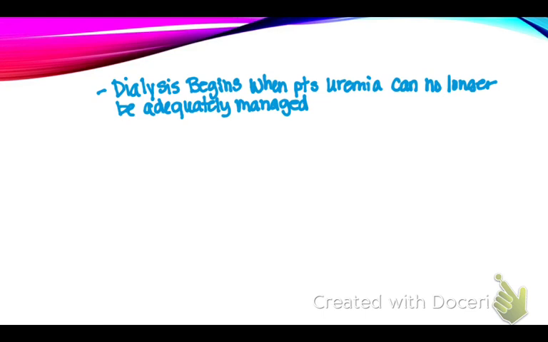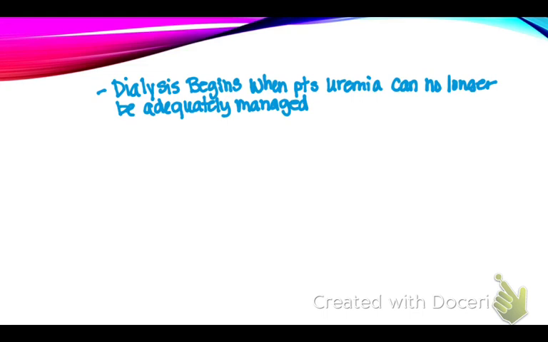But let's talk a little bit more about this uremia. Dialysis begins when the patient's uremia can no longer be adequately managed. So we talked about the buildup of that waste, the paresthesias, the uremic frost on the skin.